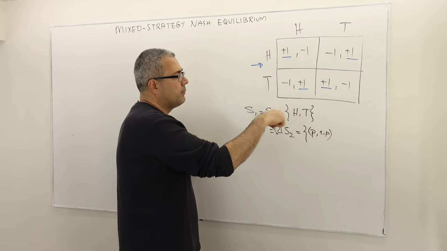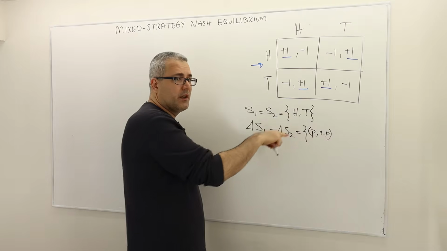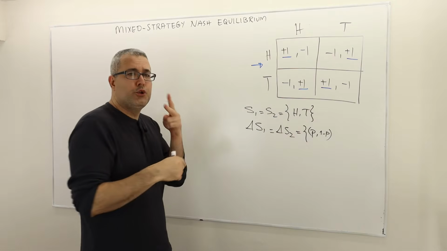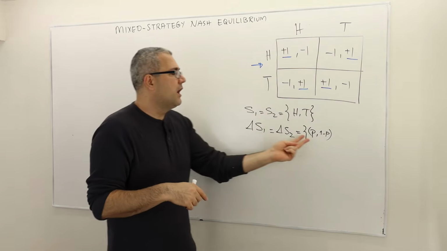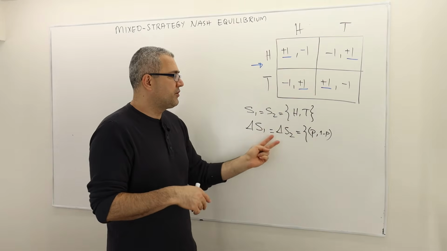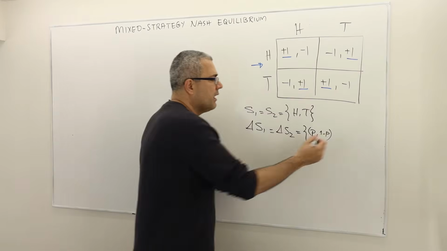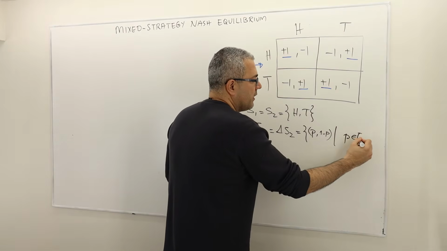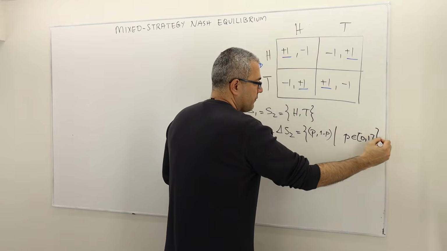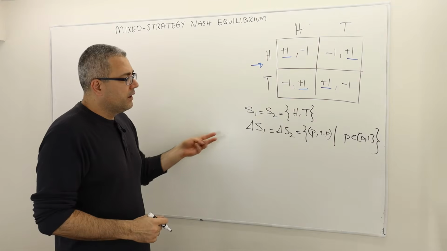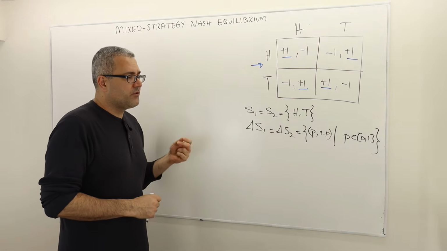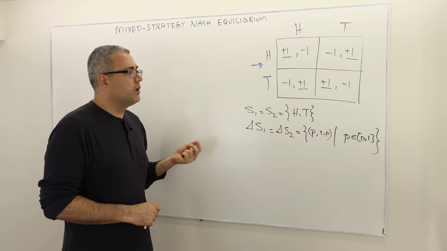So P is the probability of head, 1 minus P is therefore the probability of tail, because there are two pure strategies. Any mixed strategy is going to look something like this, (P, 1 minus P), such that P is in the 0-1 interval. All right? So this is what the set of mixed strategies will look like.